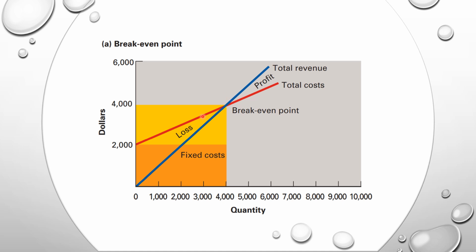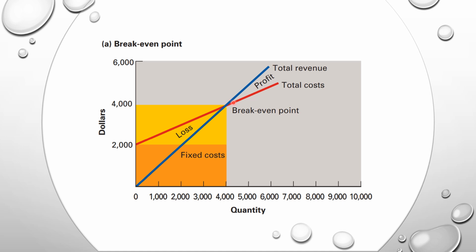For everything below 4,000 units, in this yellow and orange box here, you are actually earning losses. So you must sell at least 4,001 units in order for you to start earning your profit. Here you will see that you'll be able to get a profit at this particular point.